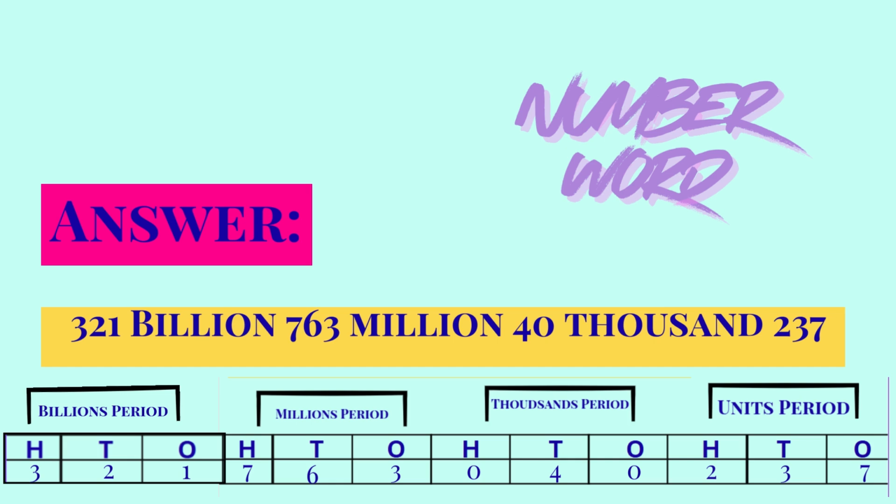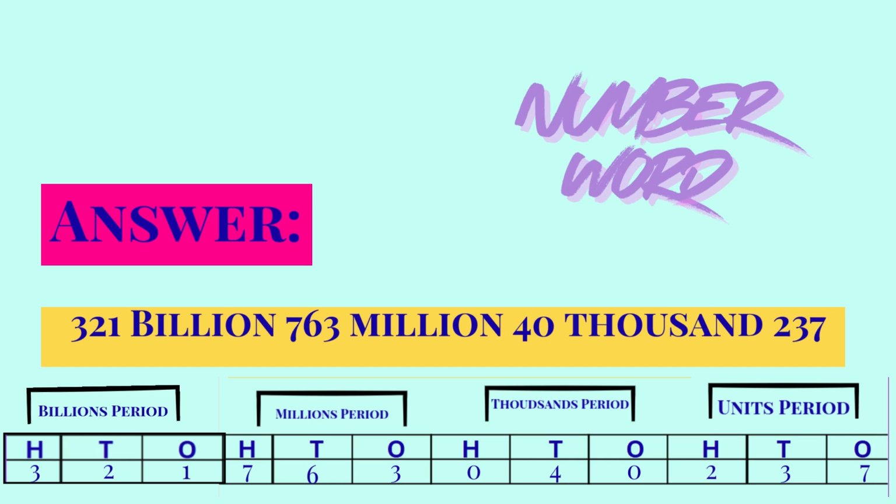Here's how we break it down. 321 in the billions period, we write as 321 billion. In the millions period, we have 763, and we write that as 763 million.